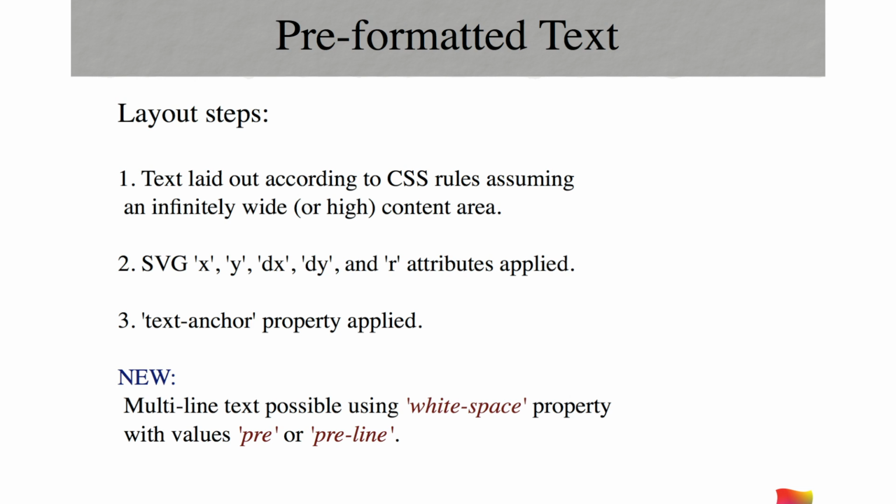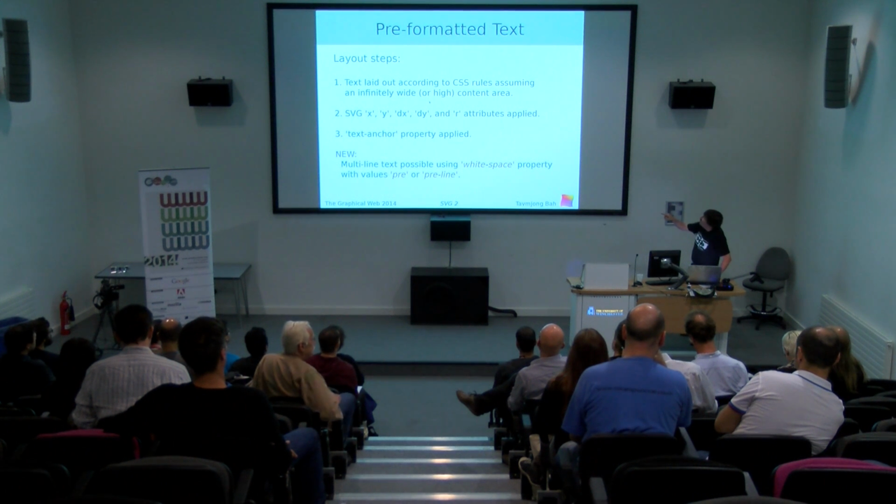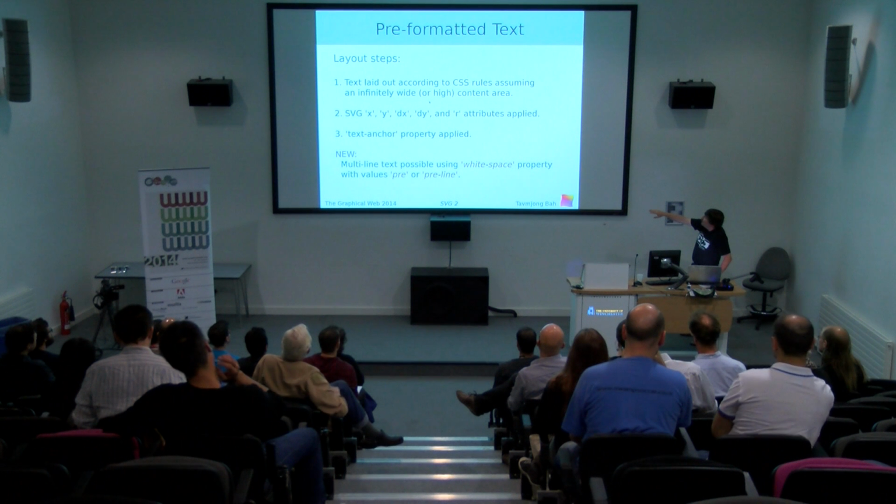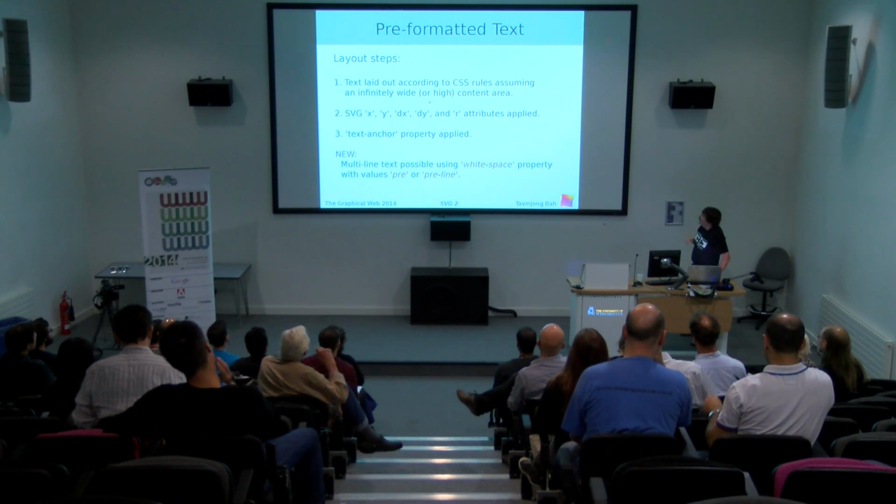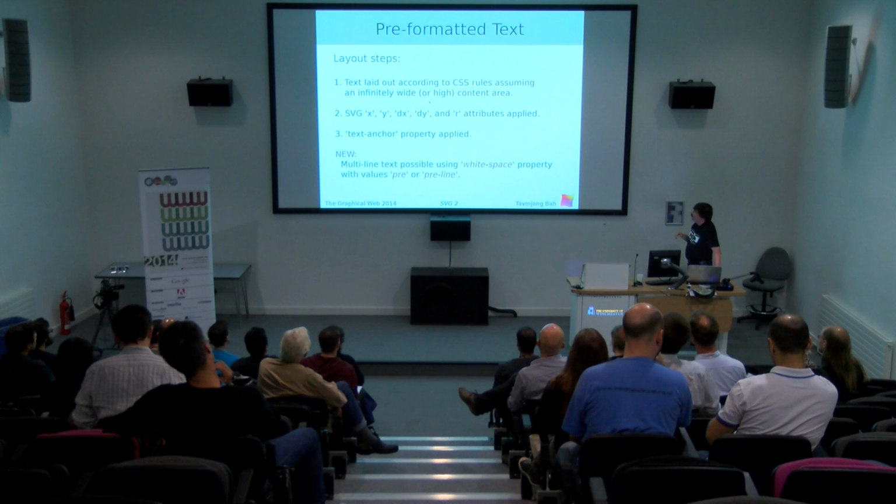You can move little pieces of text or letter characters around using x, y, dy, dx. You can even rotate individual characters. So these get applied after the CSS layout. And then the way you lay out, traditionally the way you align SVG text is using a text-anchor property. So what's new, and this is pre-formatted text, is that you can get multi-line text using the white-space property with values of preserve or preserve-line.